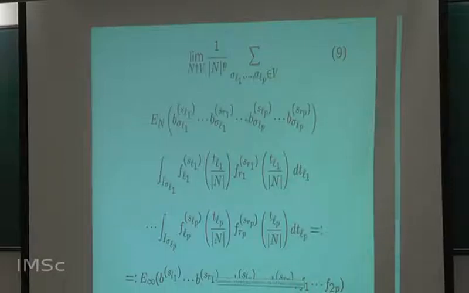So what is the point? We have said the odd moments go to 0. Only even moments survive, but among the even moments, only the pair partitions survive. So for each index L, there is a corresponding index R.